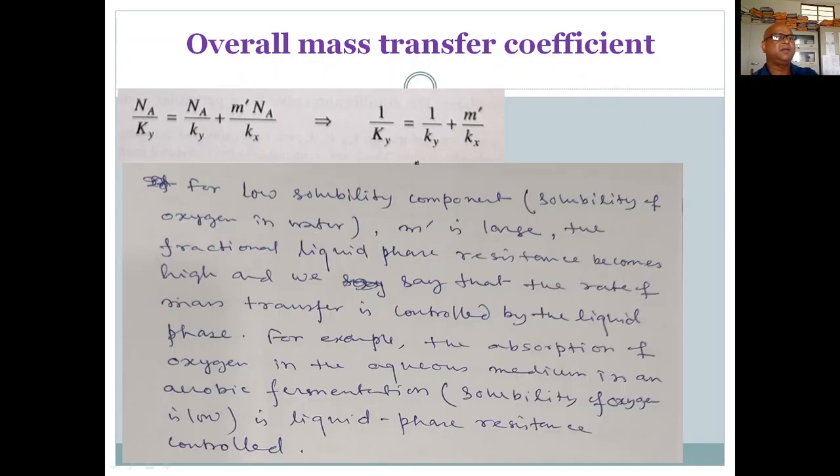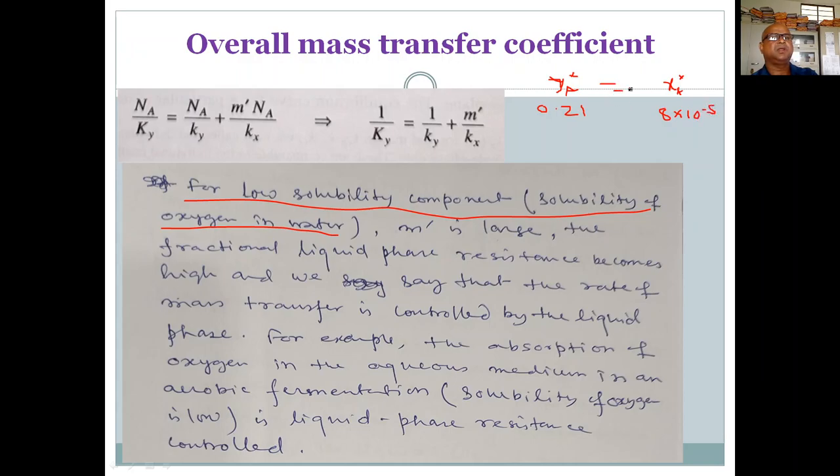Similarly, if I take a low soluble component, the solubility of oxygen in water, we know that here Y star is 0.21, and what is X star? 8 into 10 to the power minus 5.